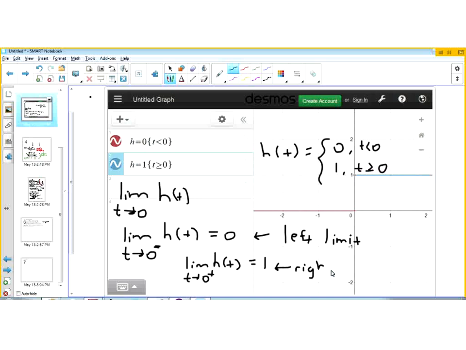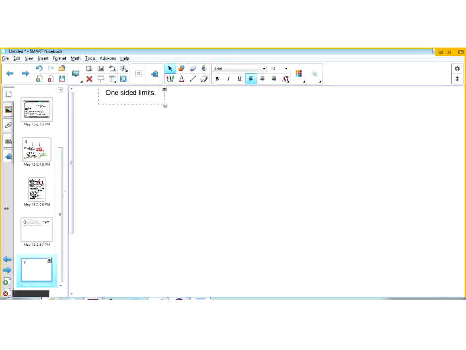Okay, so understand these two different types of limits. All right, and that brings up an important theorem, which I'll write here. So that was a discussion on one side of limits. I can take this box away.